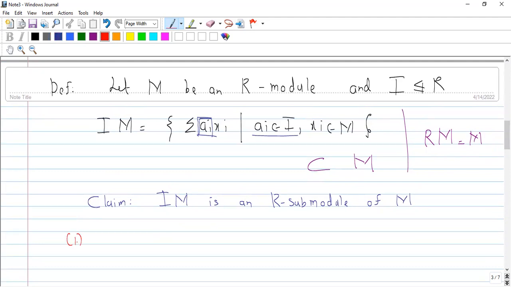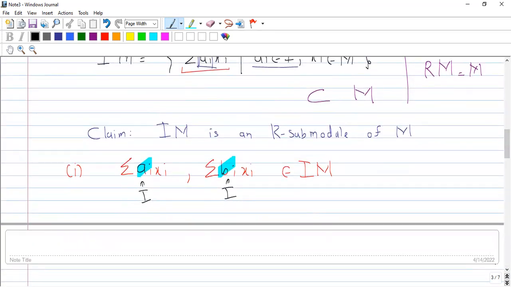Again, for the first property, I will take two elements from IM. Let's say the first element is in this form, and the second element is in this form, both are elements of IM. All a_i are sitting in I, and all b_i are sitting in I. By taking the difference of these two elements, I will get elements in the form of summation of (a_i minus b_i) x_i.